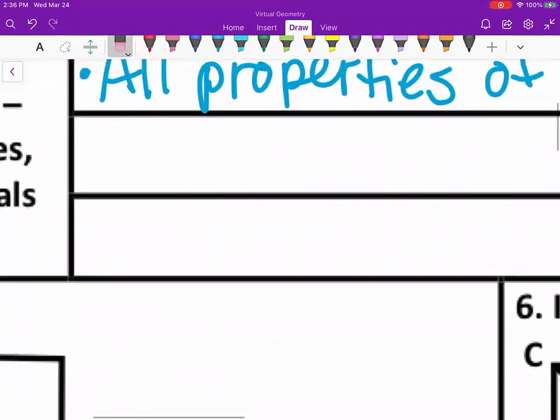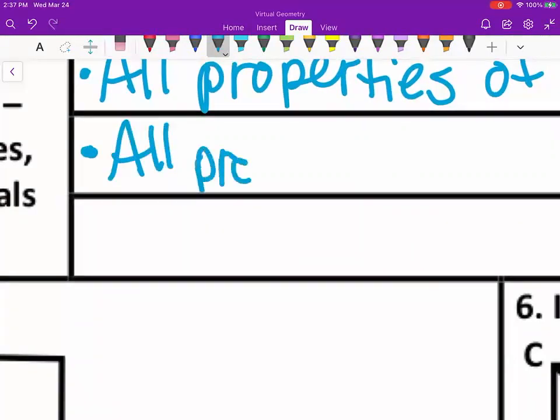Now, more specifically, a square also is considered to be a rectangle, a special group of rectangles. When their sides all become the same length, that's when we get a square. So it has all the properties of rectangles as well.